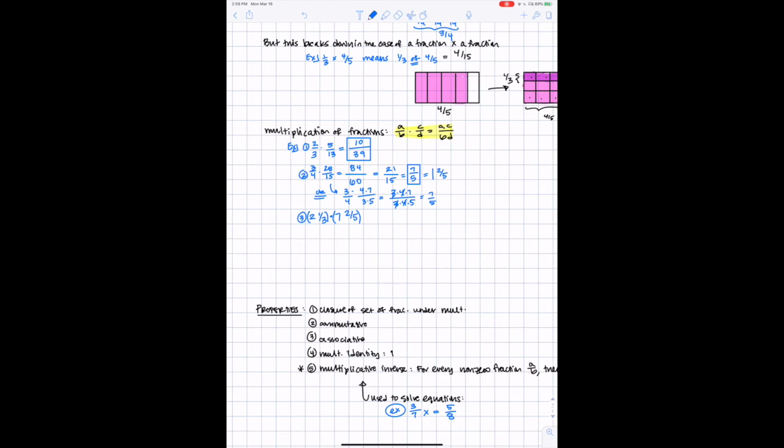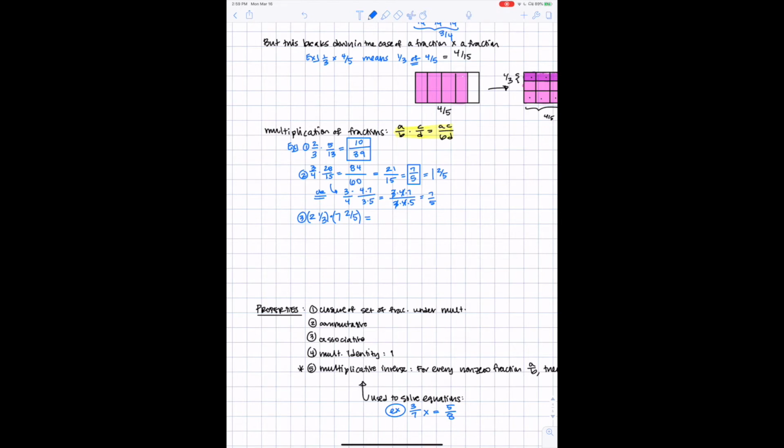Okay, so there are two ways to multiply these mixed numbers. The first way is to turn them into improper fractions and then multiply, just as we did before, multiplying the numerators and multiplying the denominators. This is probably the most natural way to compute this product.